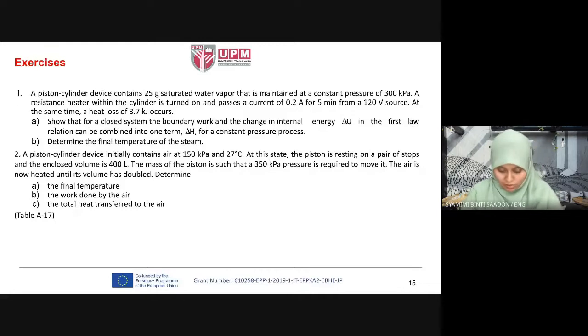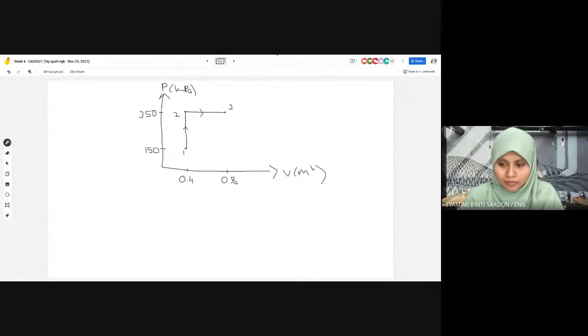So we use the ideal gas equation of state. I will write it first in case I forget. PV equals mRT, or if we use small v, big V, sorry.